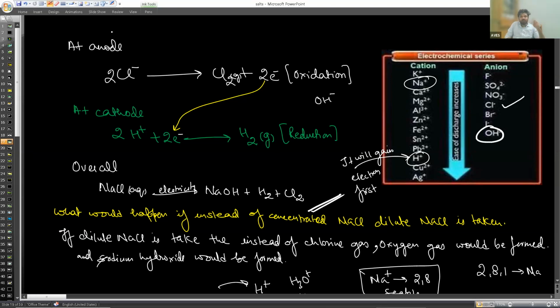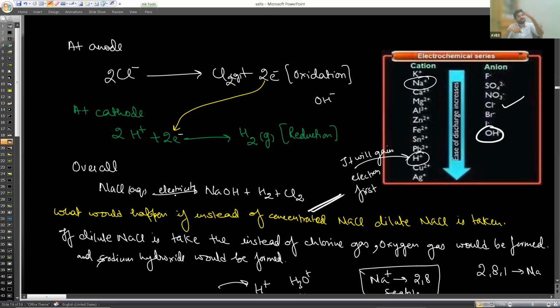That's why we have the Na positive ion and the H plus ion. In terms of gaining, we have two positively charged ions that can gain an electron at the cathode: sodium can gain the electron, and the H plus ion can also gain the electron.